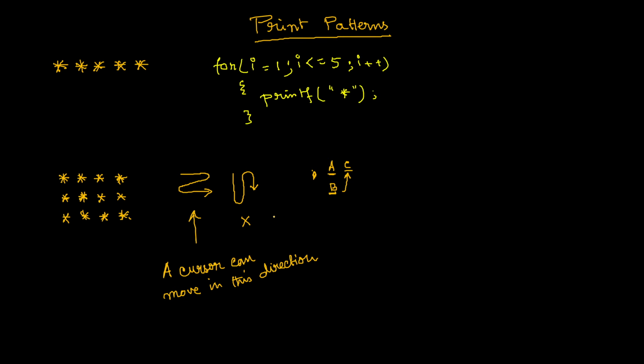That is why, without any extra memory, if you want to print the stars only by using a statement like printf, then you have to choose a fashion something like this. That means you have to print all the stars of the first row, then all the stars of the second row, then all the stars of the third row, something like this.